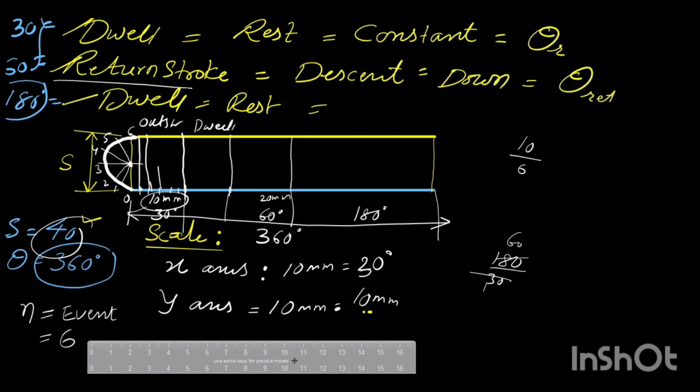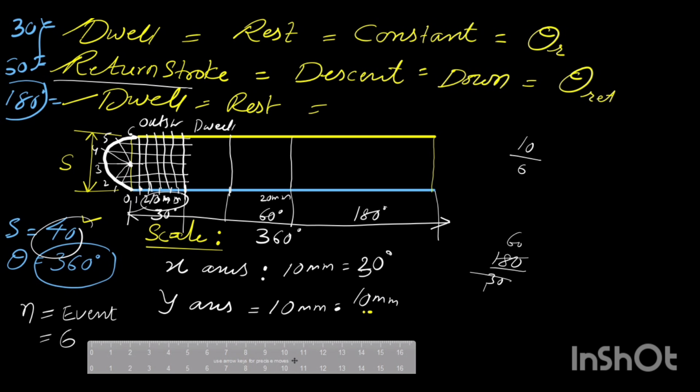With the scale you have to make it, right, like this. After that, from all these points just draw a horizontal line. From 1, 2, 3, 4, 5, and 6 set on the same vertical line. Here you have to write all these divisions as 1, 2, 3, 4, 5, 6 at the end.